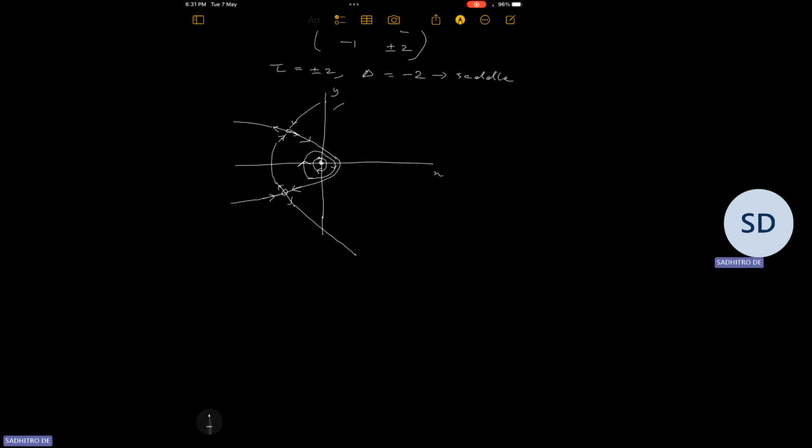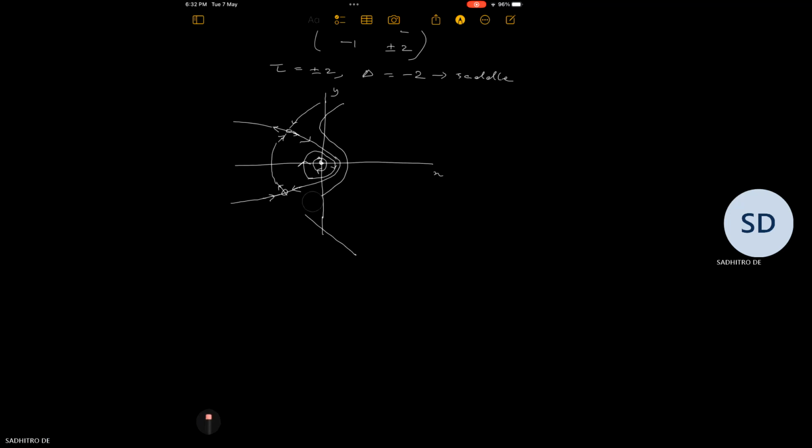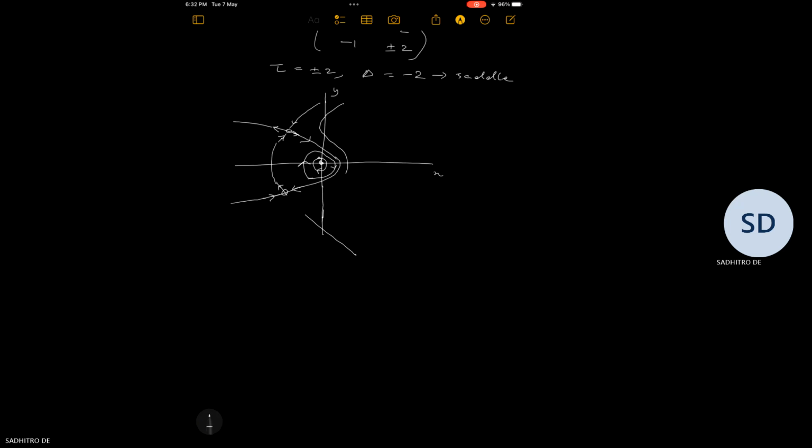And there are trajectories which come from there. So like that.